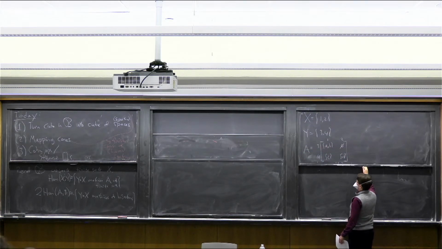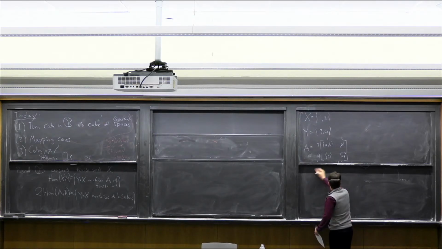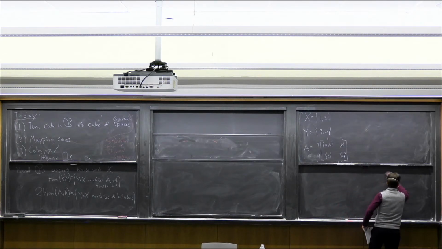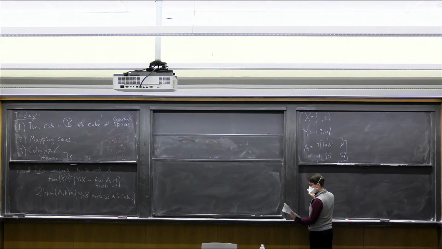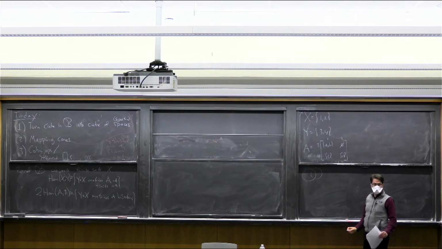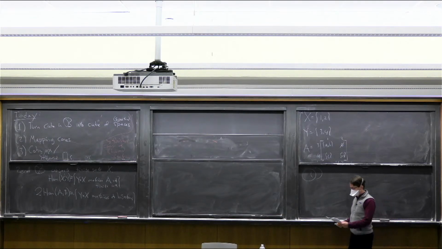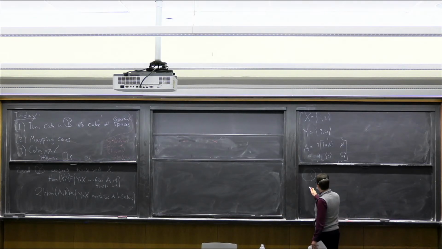I'll continue using this example, but I'll advertise in advance that as we go on, I'm going to go back to conventions. Going to go back to my example of the cube of resolutions of the 2-component unlink. So we were using the Khovanov complex there, and the cube of resolutions there looked like this.